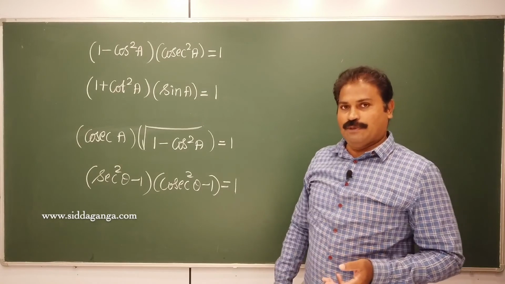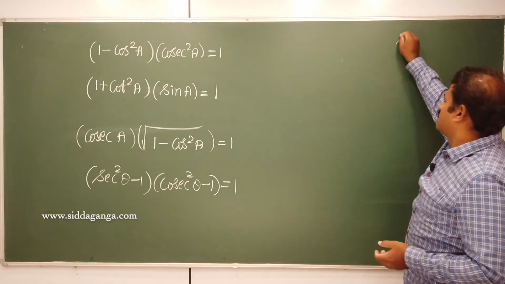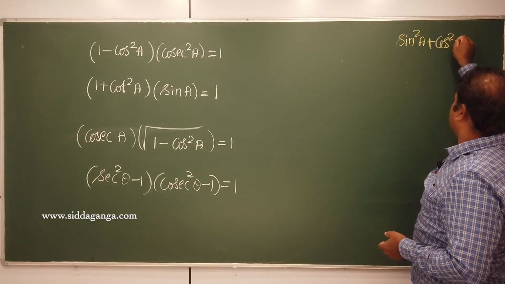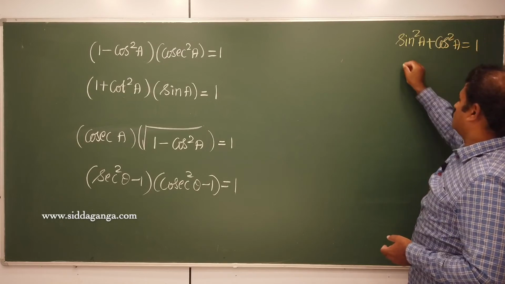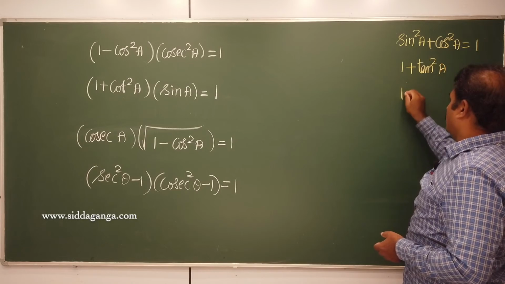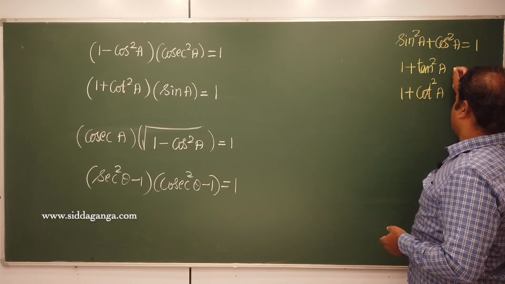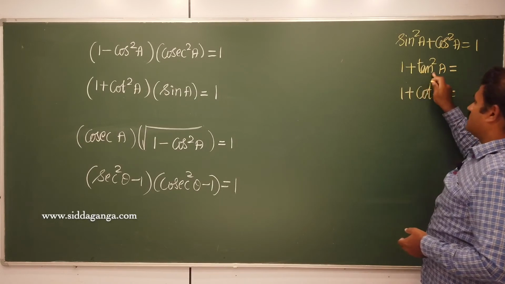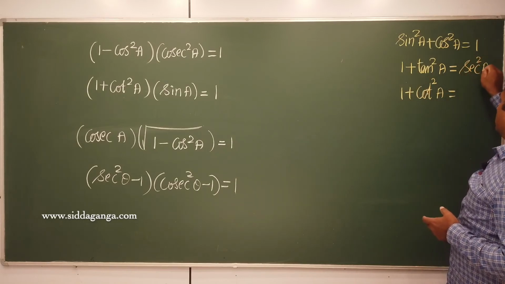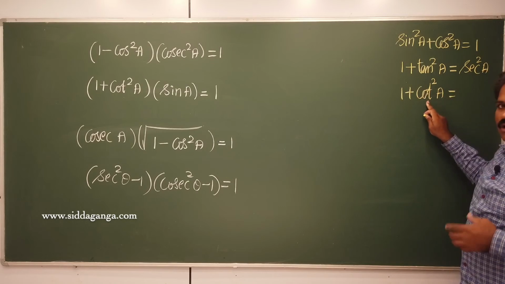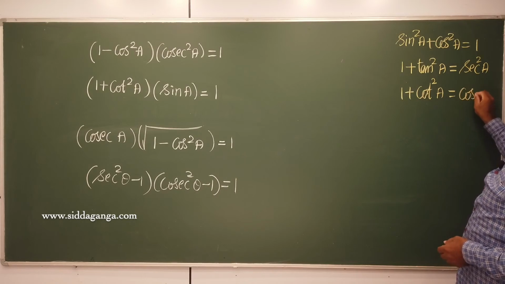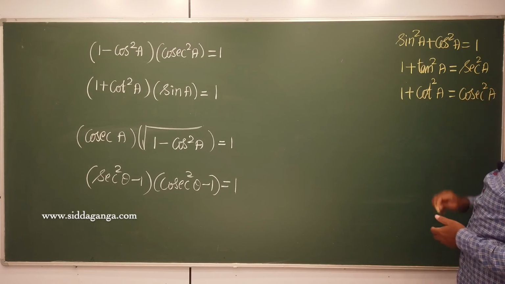can solve this problem. So the first identity is sin square A plus cos square A is equal to 1. And other two identities are 1 plus tan square A is equal to secant square A, and 1 plus cot square A is cosecant square A. So these are the three identities.